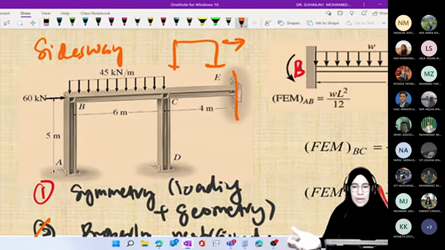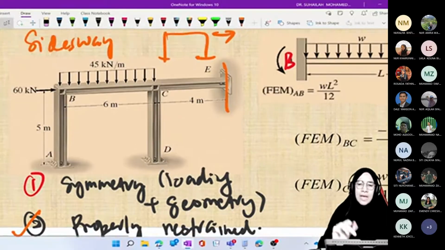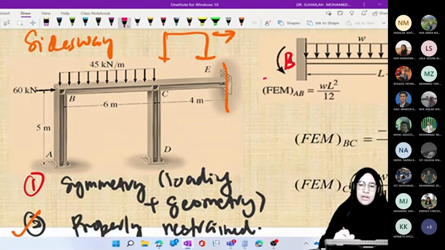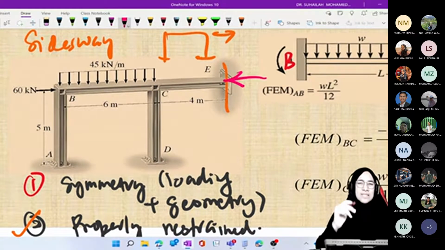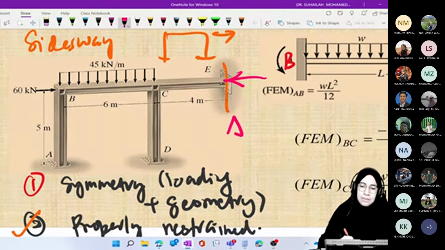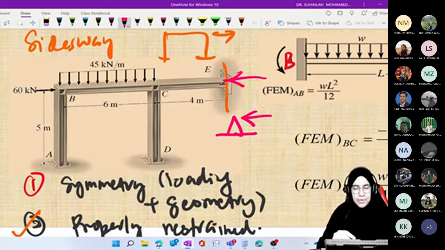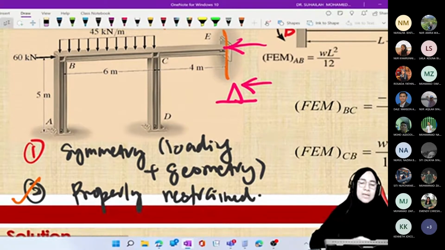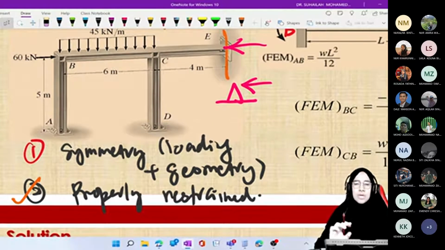That is what sidesway means. So properly restrained means there is a restraining force which comes from the support. In this case, because E is a pin, it will have this restraining force. That is why it is a properly restrained frame, and a properly restrained frame means no sidesway.